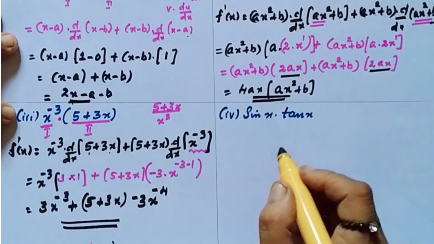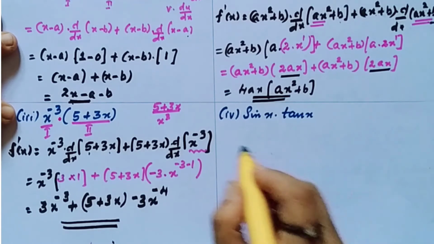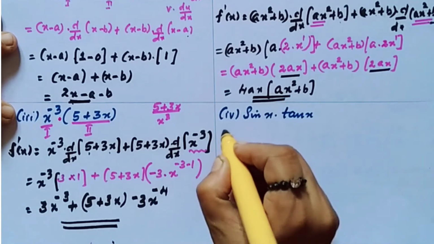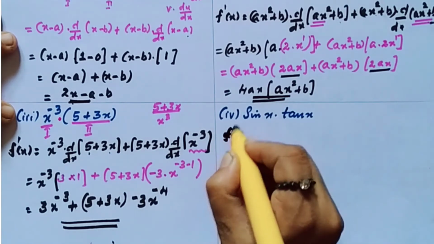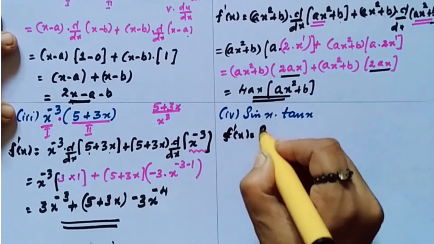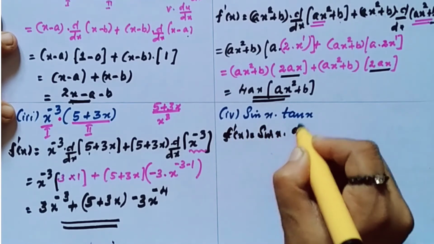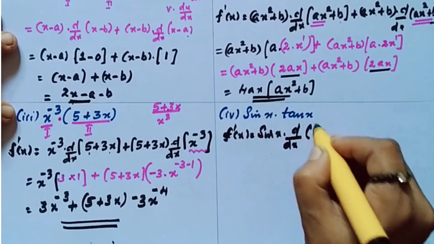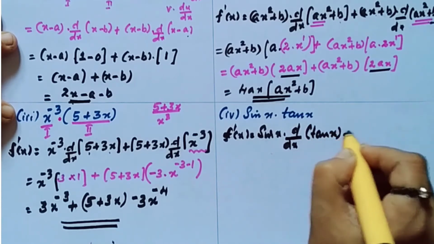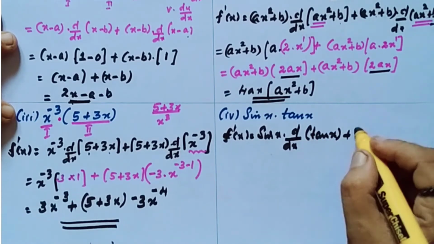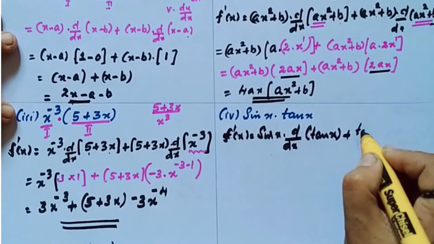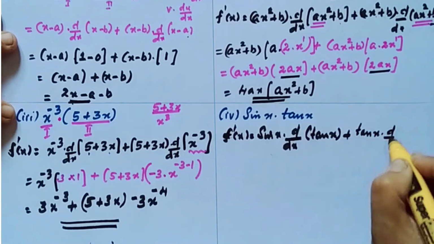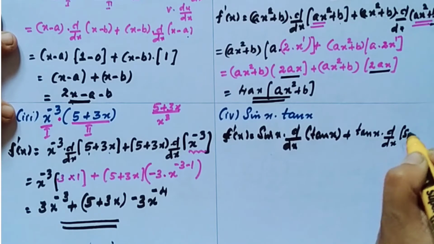Now, come to sin x into tan x. Again, a product of two functions. The derivative, d by dx, or f dash x, equals the first function sin x into the derivative of the second, tan x, plus the second function tan x into the derivative of the first, sin x.